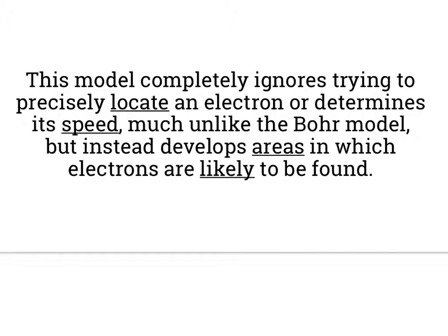It does take the idea of energy levels from Bohr, but doesn't approach it the same way. He develops areas in which electrons are likely to be found. So here's our nucleus, and basically this is the area that an electron could be found in. Now I'm not saying each of those is an electron. It's typically a lot deeper. But all these are almost positions where an electron could be found.